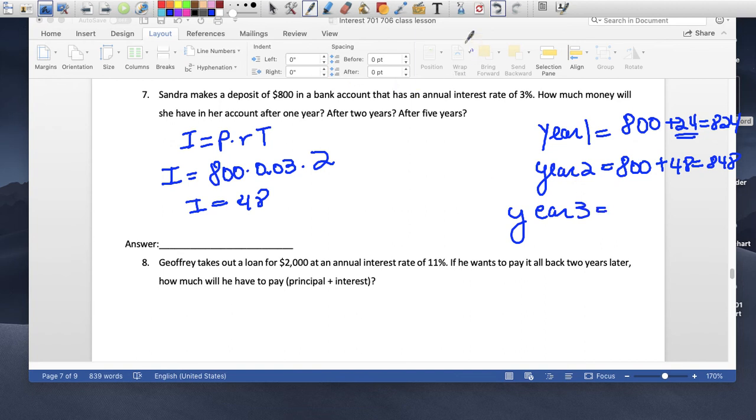Let's say you said, no, I'm going to come back in 3 years. 800 times 0.03 times 3 is $72 that the bank will pay you in interest. So if you left the money in the bank for 3 years, you would take your 800 bucks that you originally put, plus 72, for a total of $872.